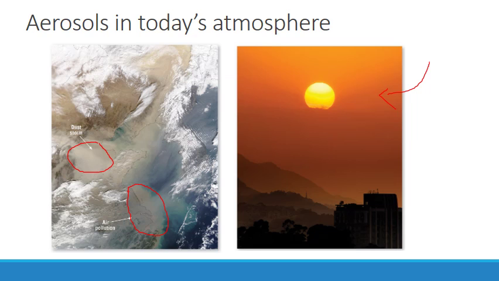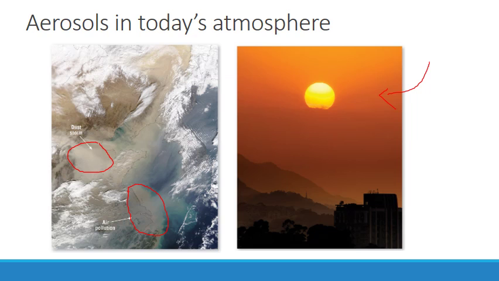From a meteorological standpoint, these tiny and often invisible particles can be significant. First, as we'll see later, many act as surfaces on which water vapor can condense. That's a critical function in the formation of clouds and fog.